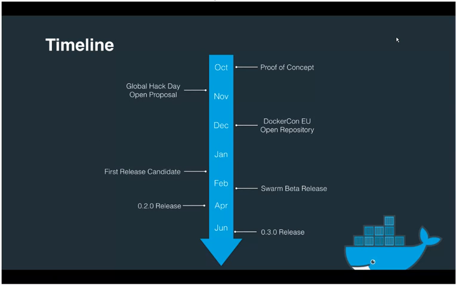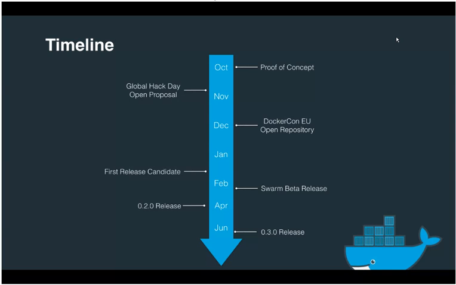About the timeline, it's a fairly new project. The first proof of concept was made in October by Victoria and Andrea, and they made an open proposal at the Global Hack Day in November, and they released it. They made it open source at DockerCon EU. And then there was the first release candidate and Swarm beta release around February, and we just released the 0.2 release in April.